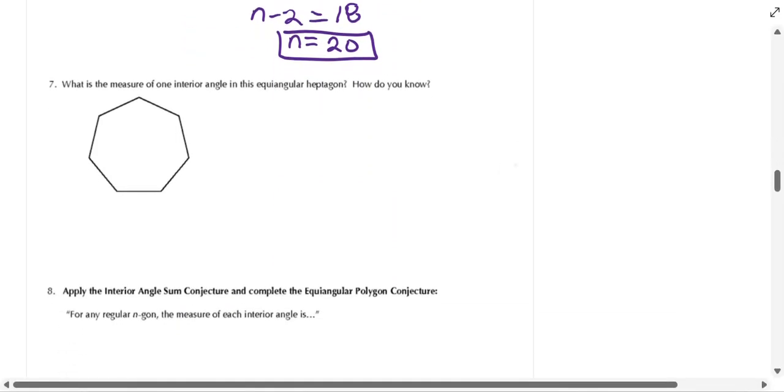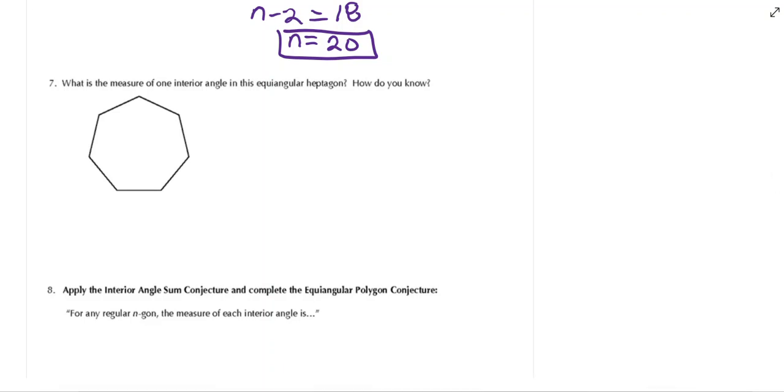The next question asks us, what is the measure of one interior angle in an equiangular heptagon? When all the angles are equal and all the sides are equal, this is called regular. Looking at this, we have 1, 2, 3, 4, 5, 6, 7 sides, or 7 angles.